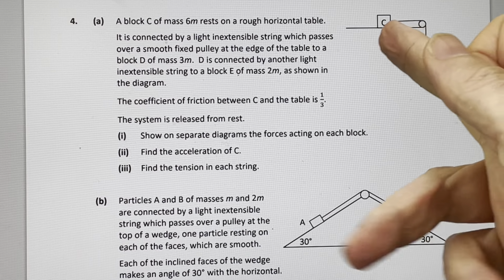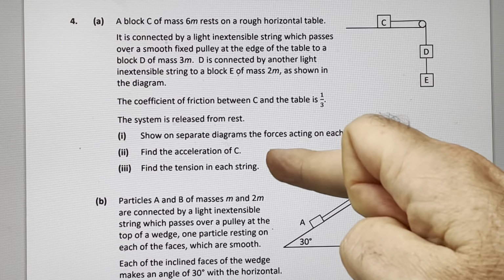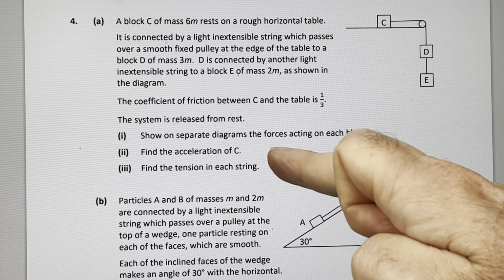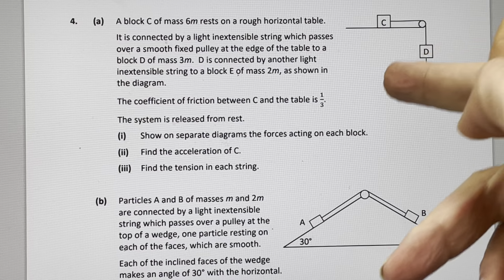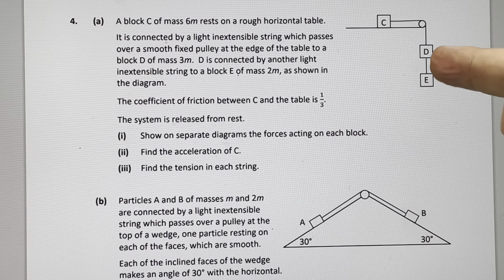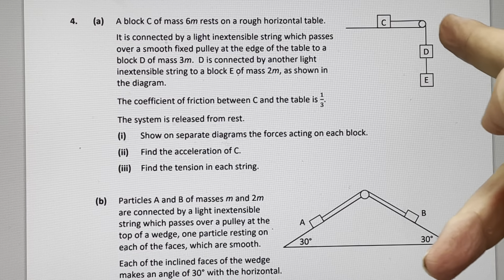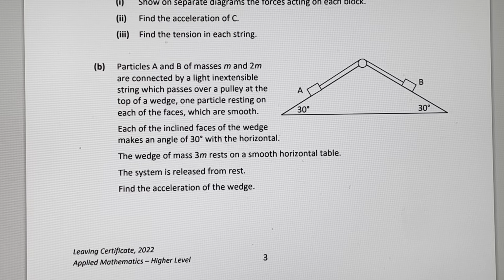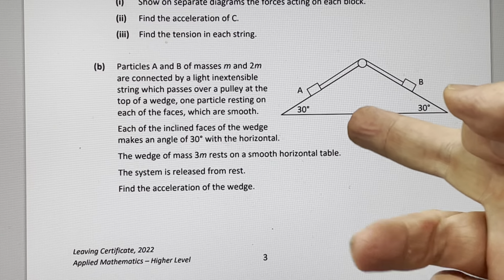Coefficient of friction, so you have friction on the table. Draw separate diagrams of the forces acting on each block. That should be all right, and it should kind of set people up for the whole question. Find the acceleration of C and the tension in each string. So you've got two strings there. Should be okay, but unusual. I haven't seen it before, I think.